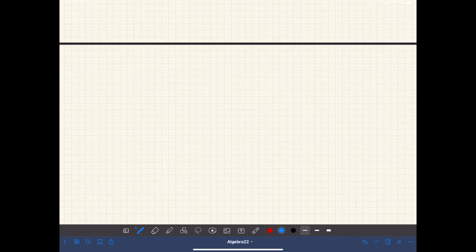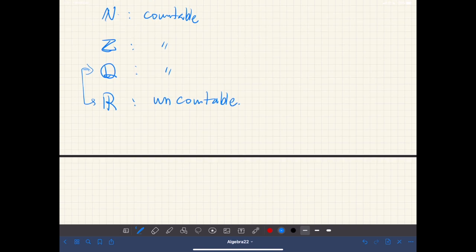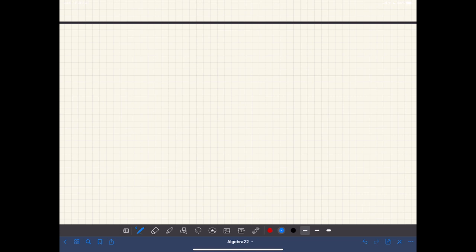Another example, which can be used to prove that the rationals are countable, is this. Suppose X is the set of elements x_pq indexed by two natural numbers, where p and q are natural numbers.